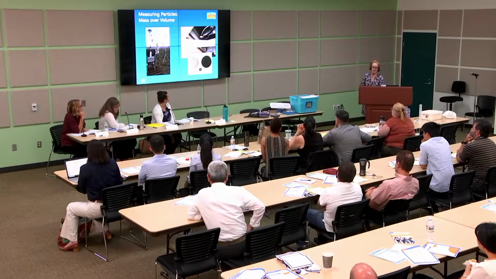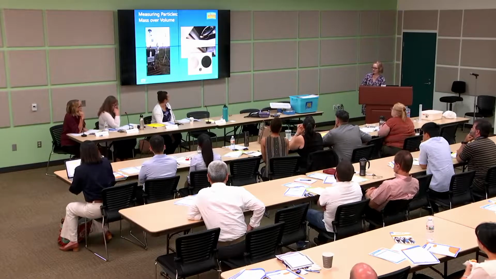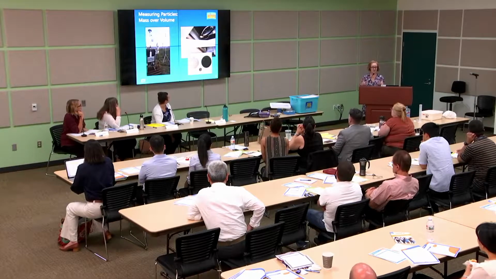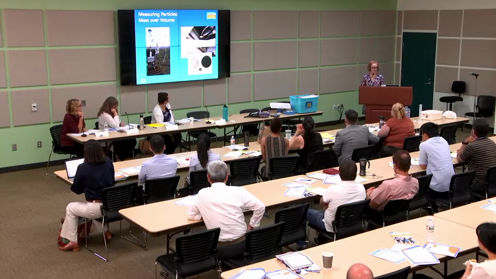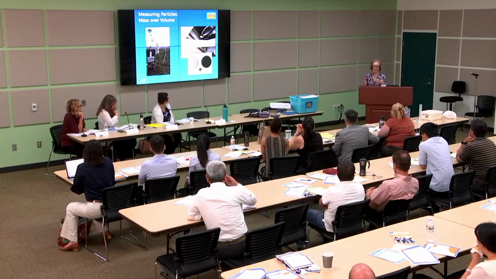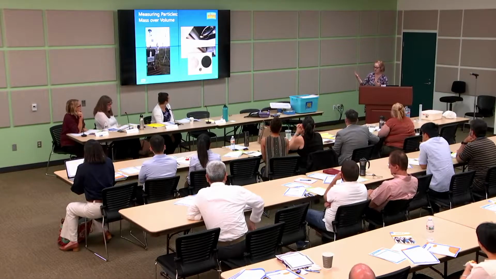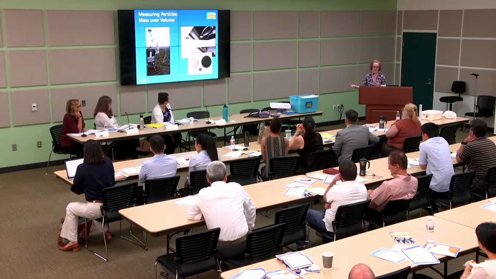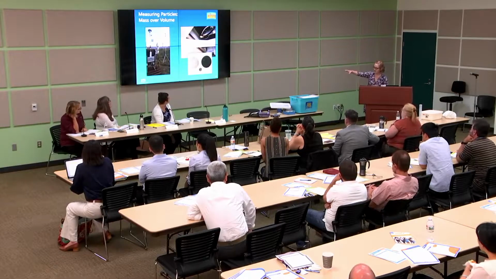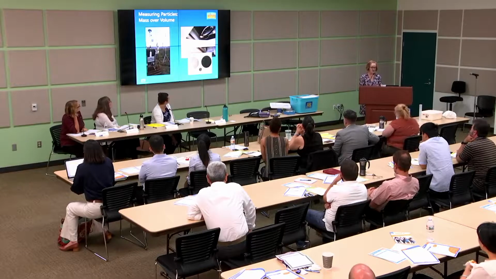One thing I think would be interesting to talk to students about here, especially since they're going to be using sensors, which are much smaller and take measurements at a much higher frequency, is the difference between the sensors they're going to be using and the regulatory instrumentation in the field. The larger filter samples at the bottom are 24-hour samples.